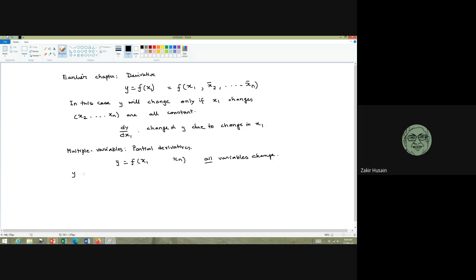So y can change if any of them changes. Then it becomes very difficult to understand whether y is increasing or not, or what will happen. So what we generally do is we change one variable at a time, keeping the others constant.